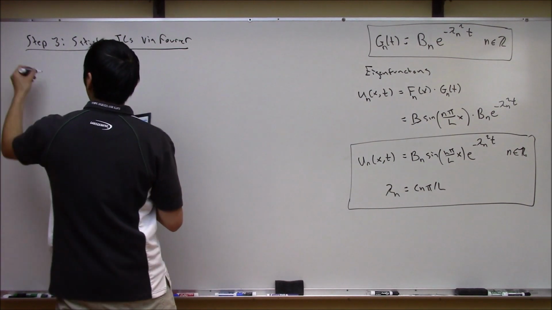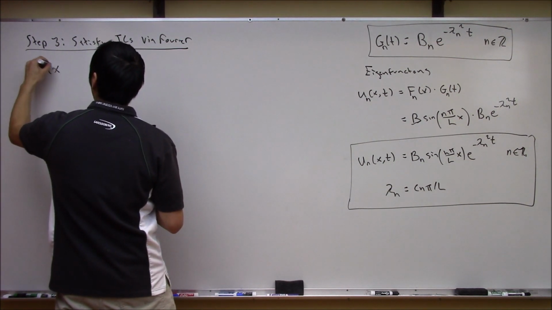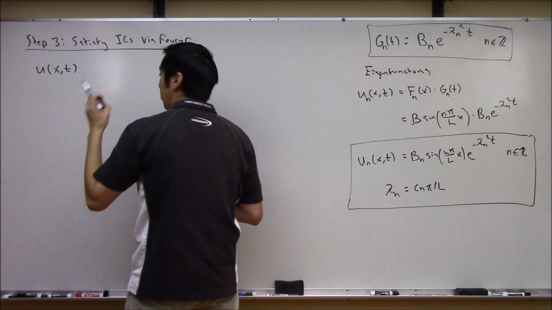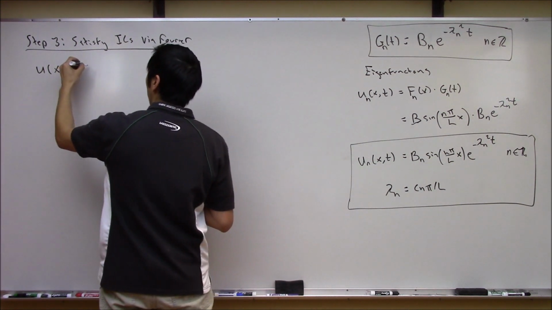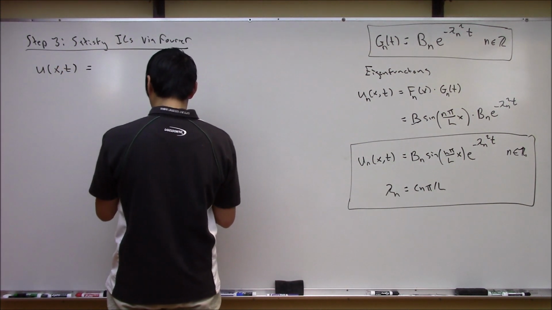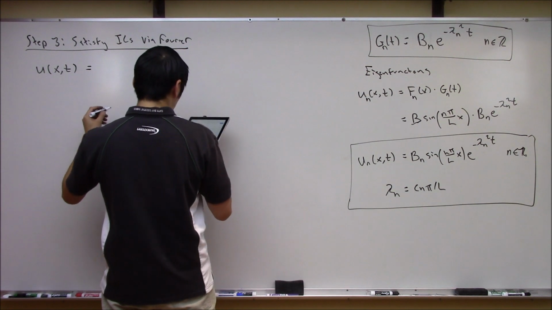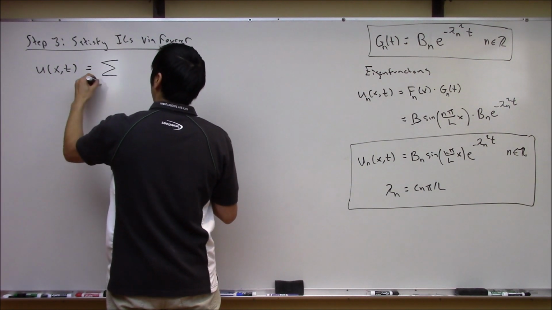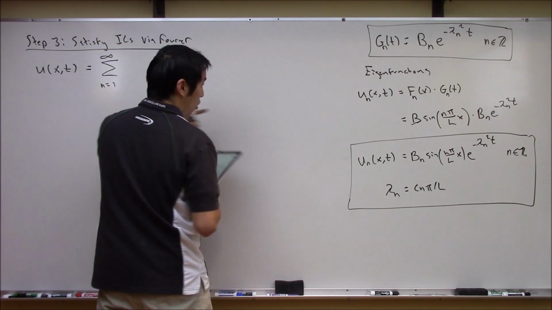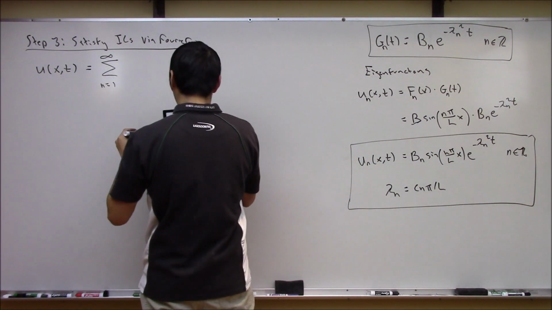What I'd like to do now is come up with a total solution which satisfies both the boundary conditions and the initial conditions. The way I'm going to do that is to sum from n equals 1 to infinity all of the eigenfunctions that we've cooked up.